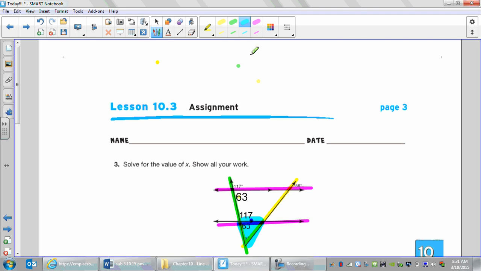Does everybody see this triangle? How many degrees forever and for always are in a triangle? 180. So now 56. If I get this angle and this angle, I can do 180 minus 63 minus whatever's missing right here, and that would equal x.